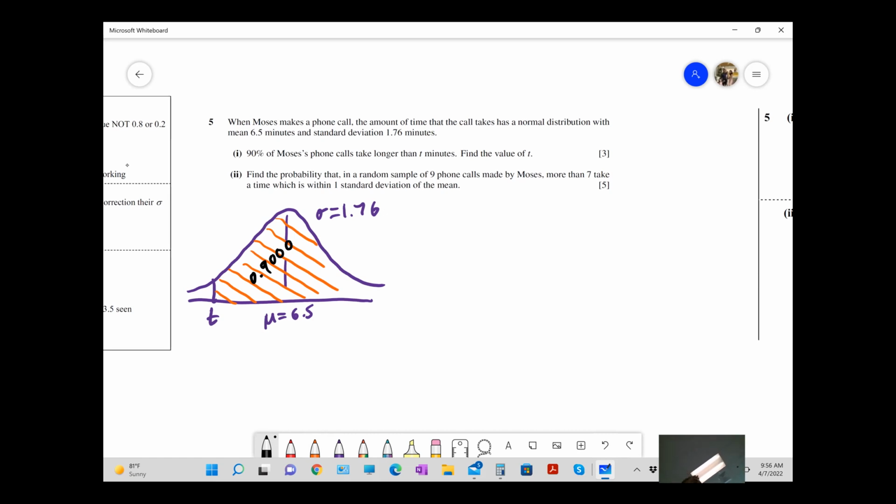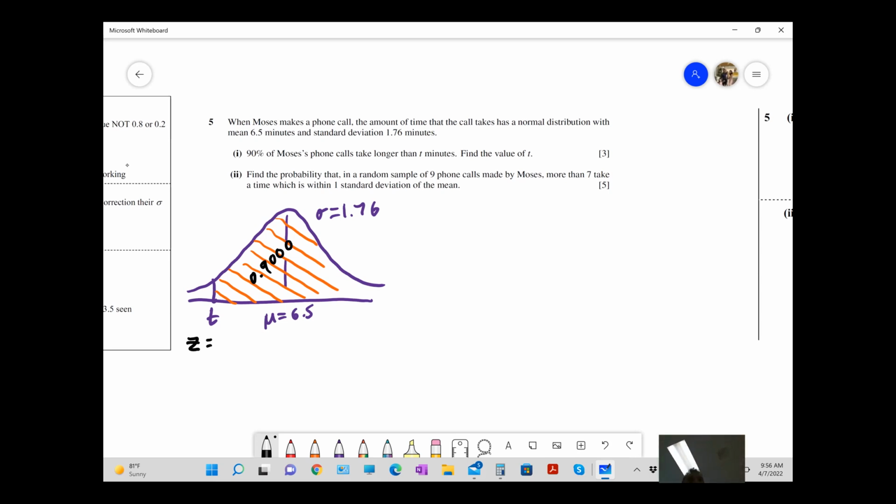They want you to find the value T. So the first thing you would do here is relate that T to an appropriate z-score. You know it's going to be a negative z-score. So what you do is you find a positive version of that that has an area of 0.9000. Agreed?